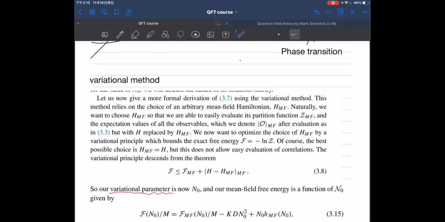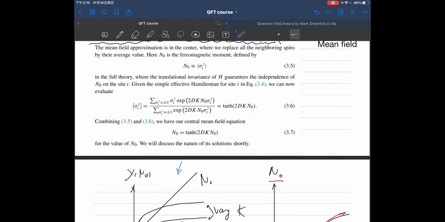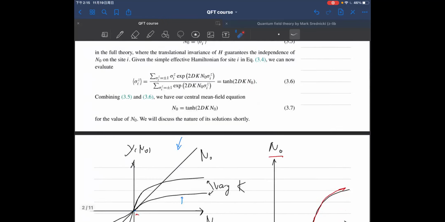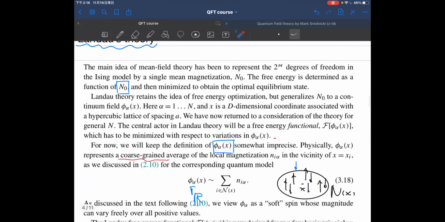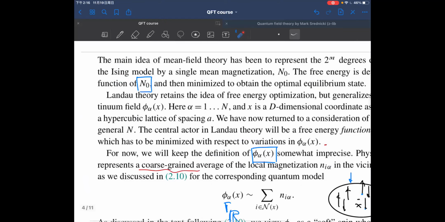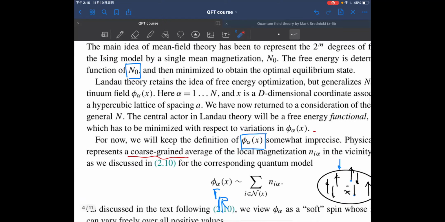You have many degrees of freedom, but in the mean field theory, we just use one parameter to describe it. But you can do better, because you can do a coarse-grained average. You can describe the system in more detail. Yes, this is what we want to do.